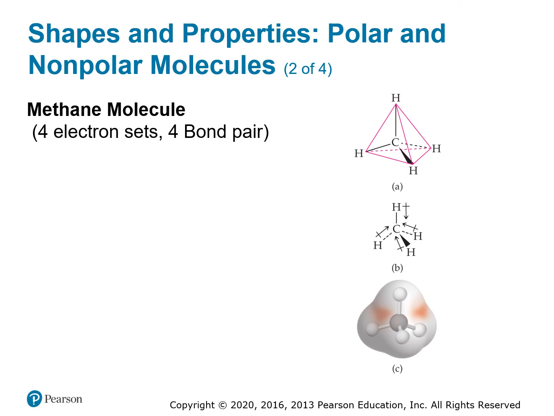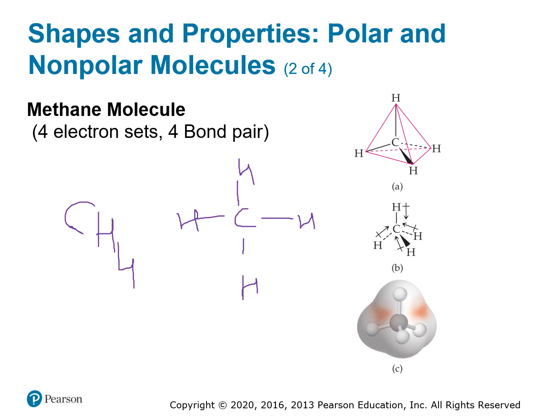If you are given a methane molecule, CH4, and you have to draw it from the octet rule, you know carbon forms 4 bonds. There are 4 hydrogens. Carbon is sitting in the center, 4 hydrogens are outside.